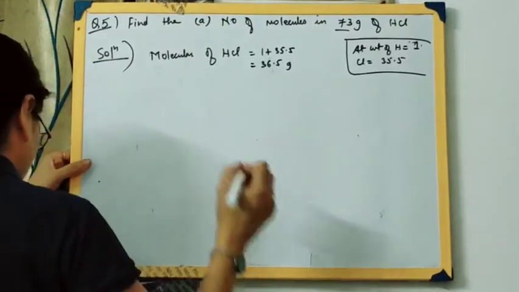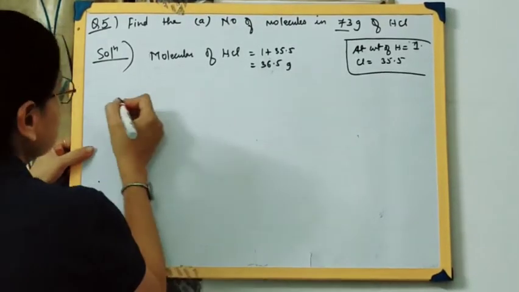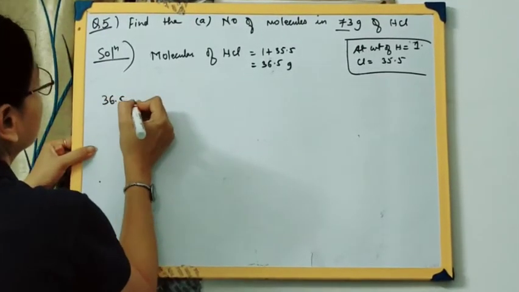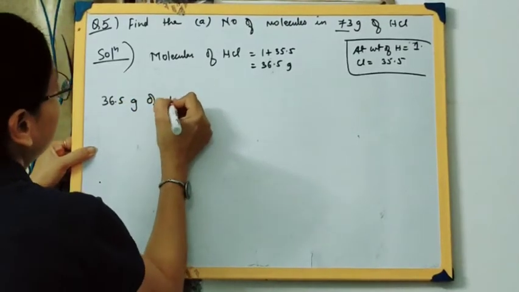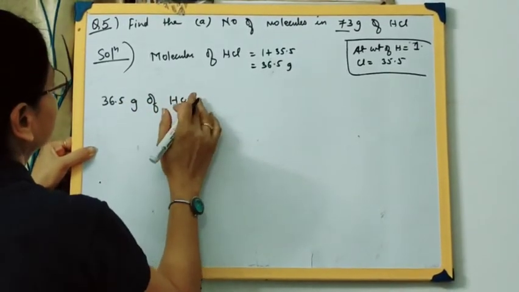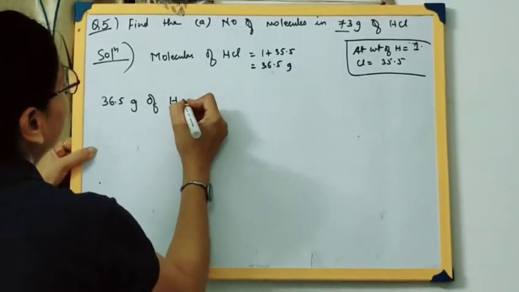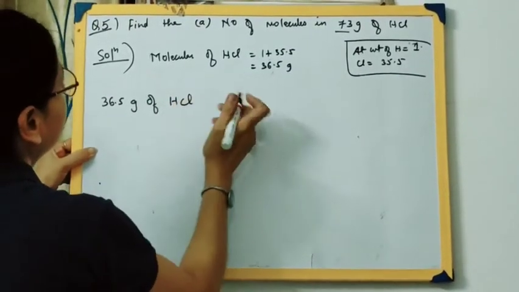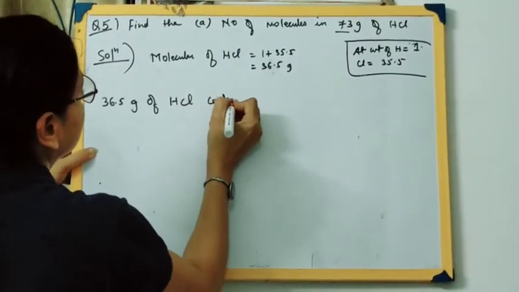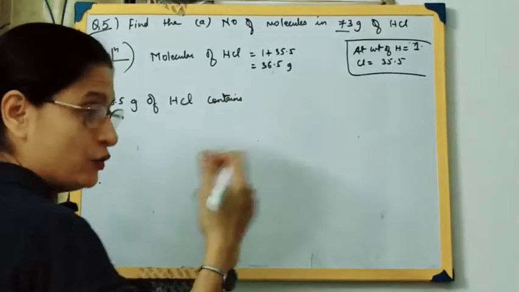Now there is 36.5 grams of HCl. It contains Avogadro's number of molecules. 36.5 grams of HCl contains Avogadro's number of molecules.